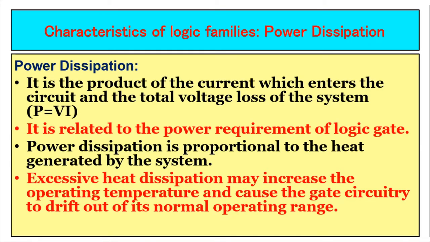It is proportional to the heat generated by the system. Excessive heat dissipation increases the operating temperature and causes the gate circuitry to drift out of its normal operating temperature range.